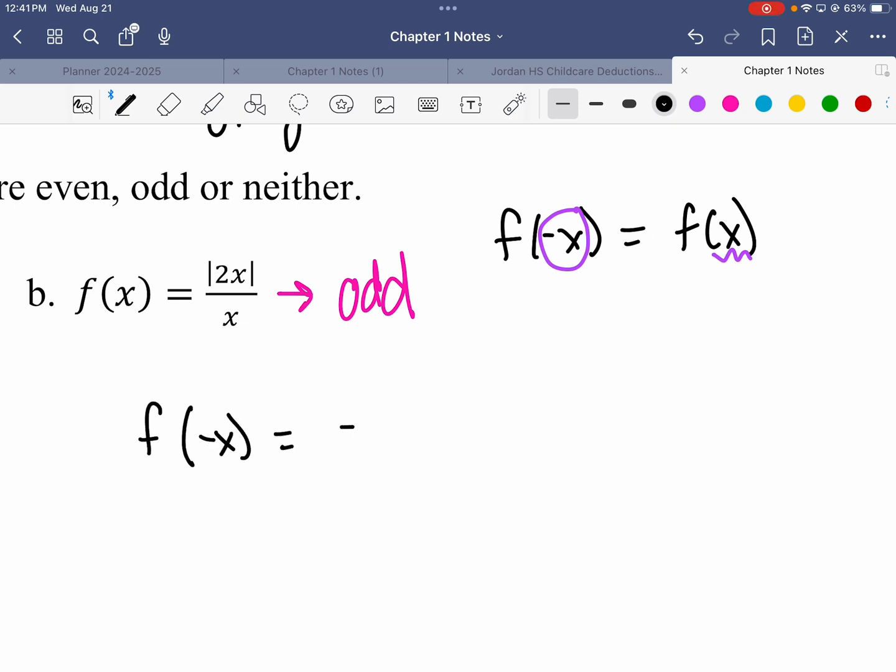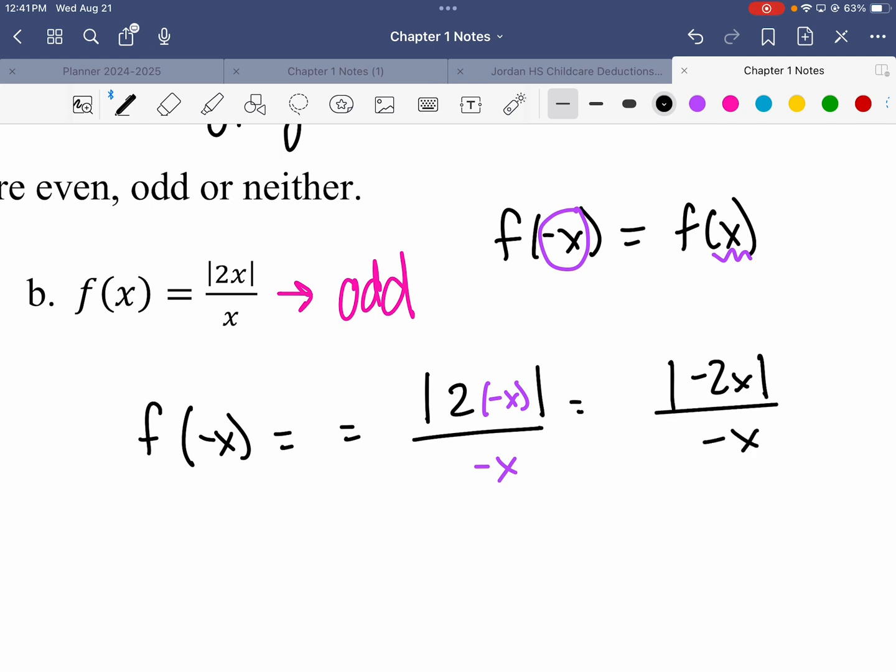So, f of negative x would equal the absolute value of 2 times negative x divided by negative x. So if we simplify it a little bit, that would be the absolute value of negative 2x over negative x. What would happen here?